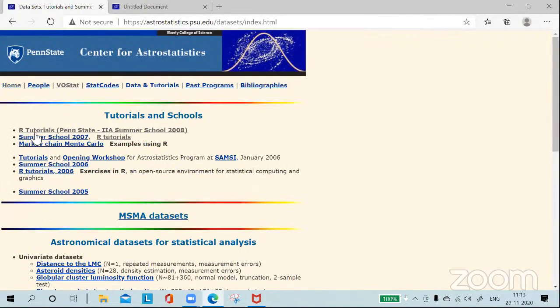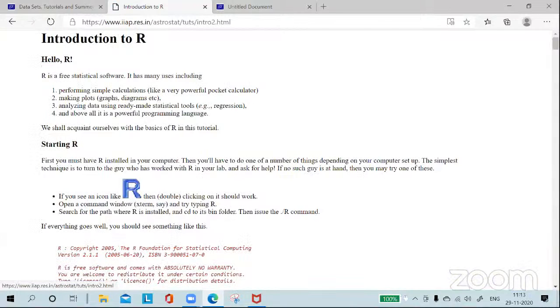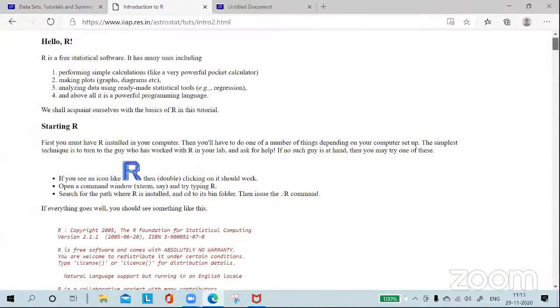If you go to that link, you will see our tutorials. So they are introduction to R, miscellaneous concepts in R, descriptive statistics, exploratory data analysis, regression, cluster analysis, all these are there. So if you go to some specific, say, introduction, then you have these things right here.